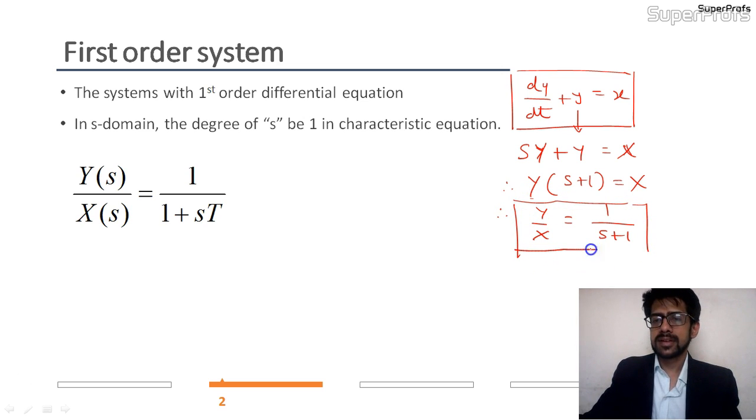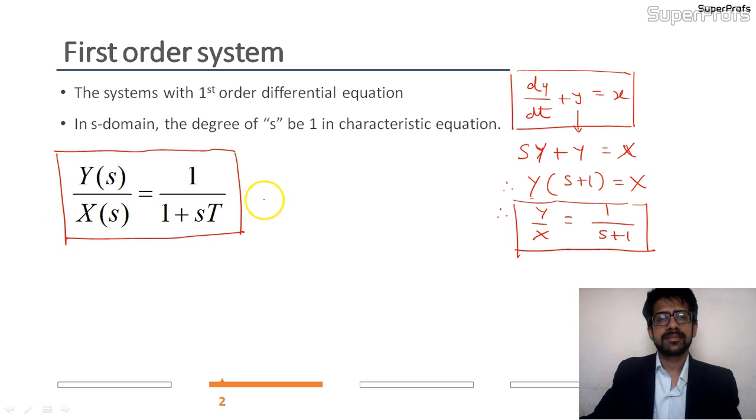So this is the Laplace transform of this example. Now this is how a general first order Laplace transform looks like, wherein the degree of s is 1 in the characteristic equation. Characteristic equation is nothing but the denominator of a transfer function.